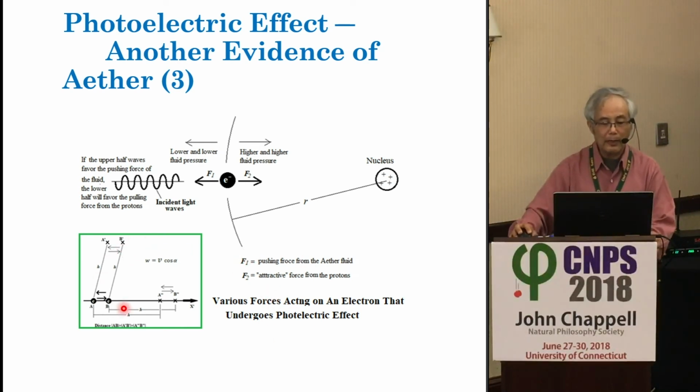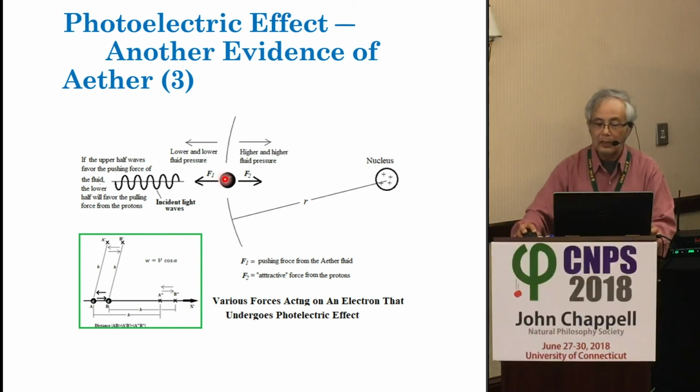So we remember this picture from a few slides ago. Okay. So when the light comes in this direction, it means that some electron is moving over here to send this light wave to this electron for it to move. When the electron moves, it has two directions. One is going to the nucleus, but moving to the nucleus, the Aether density is getting higher and higher.